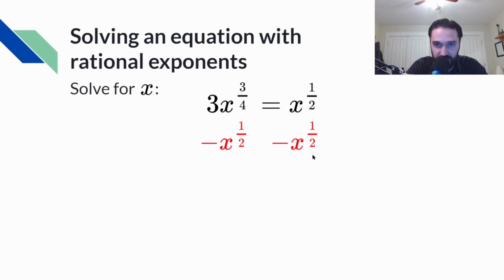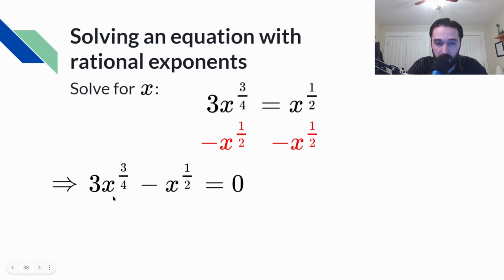What I'm going to do first is subtract x to the 1/2 power from both sides. What that gives us is 3x to the 3/4 power minus x to the 1/2 power equals 0. We're going to try to factor this left-hand side, making a transition from terms to factors, and then we can use the zero product property to set each factor equal to 0.